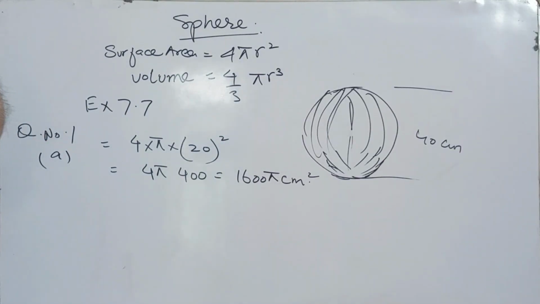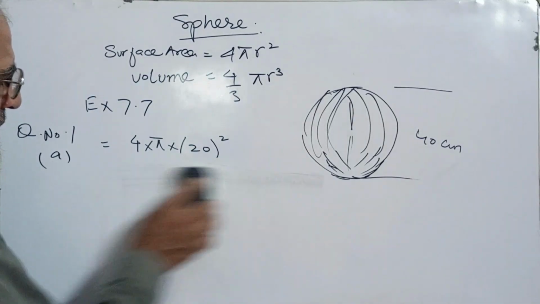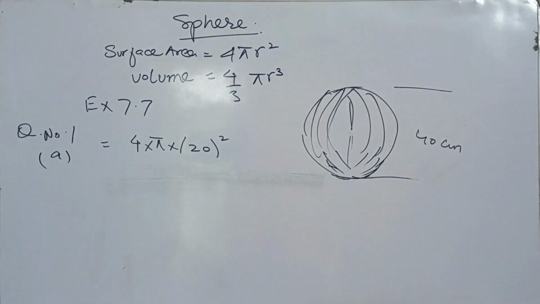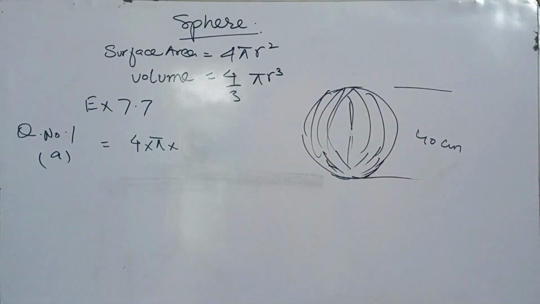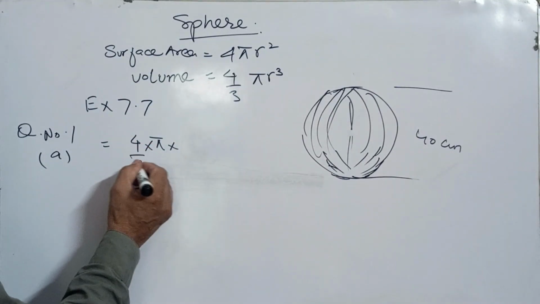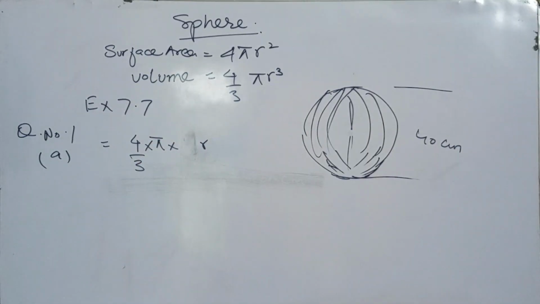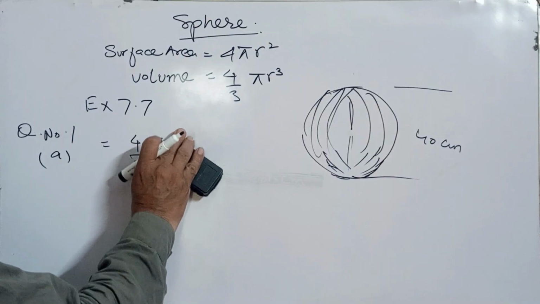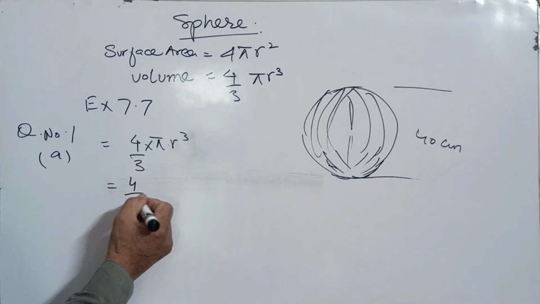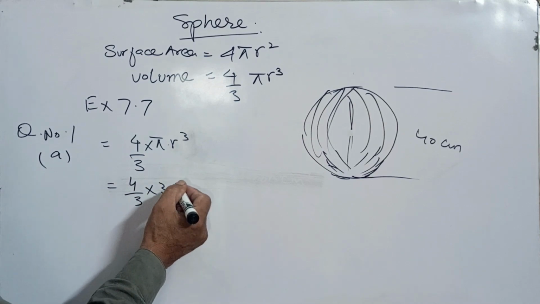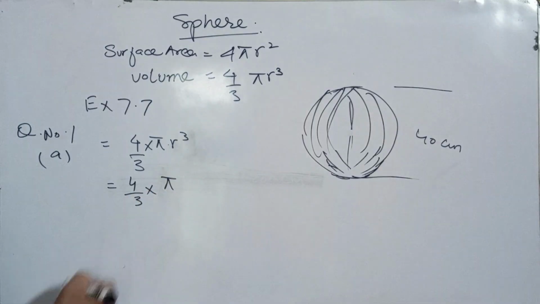Okay, and similarly we will find the volume as well. Now it is 4 by 3 pi r cube. 4 by 3 into pi r cube. So it is equal to 4 by 3 multiplied by pi. We don't have to solve because we have to give the answer in pi.